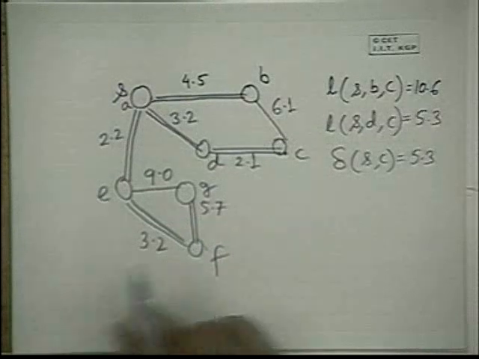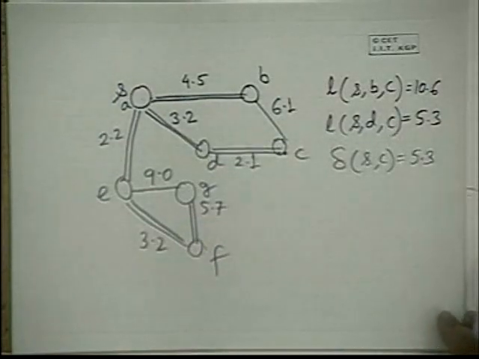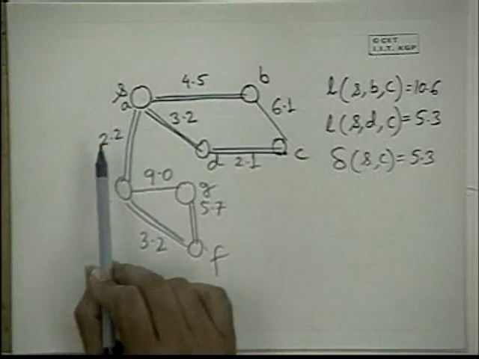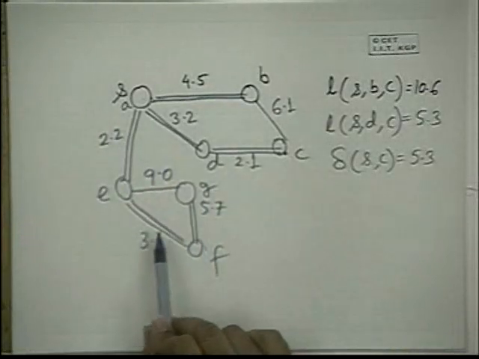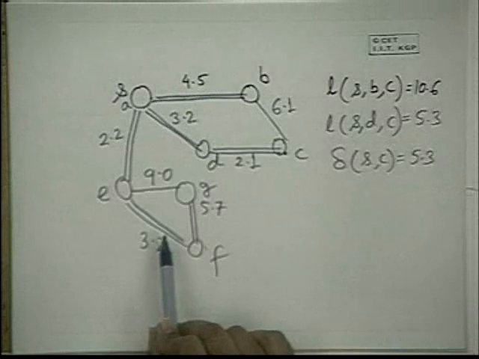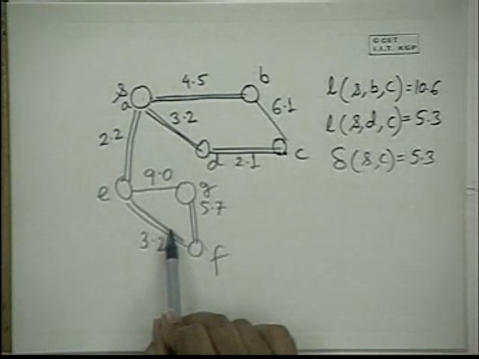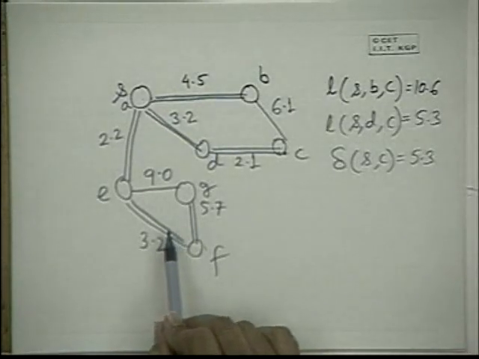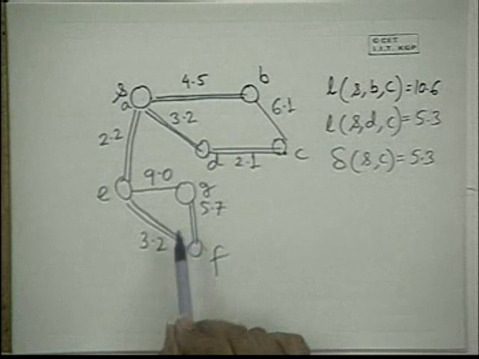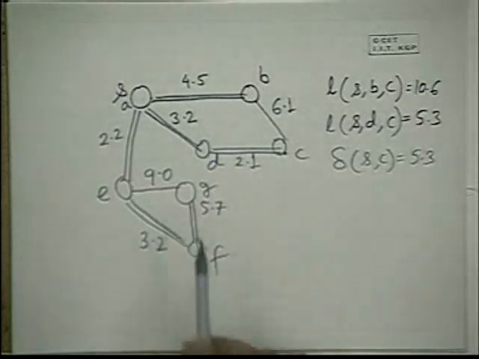Now we should look at a property of all these paths. The graph made by all these paths is what? It's a tree. Somebody told me that it's a minimum spanning tree. It's not true. Maybe in this case, but in general a minimum spanning tree is not the shortest path tree.